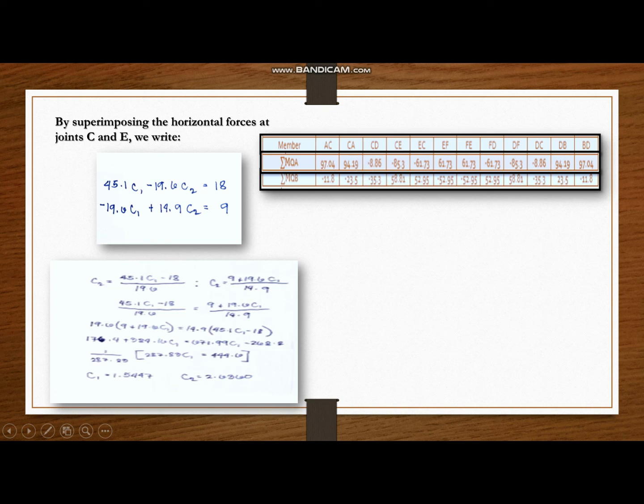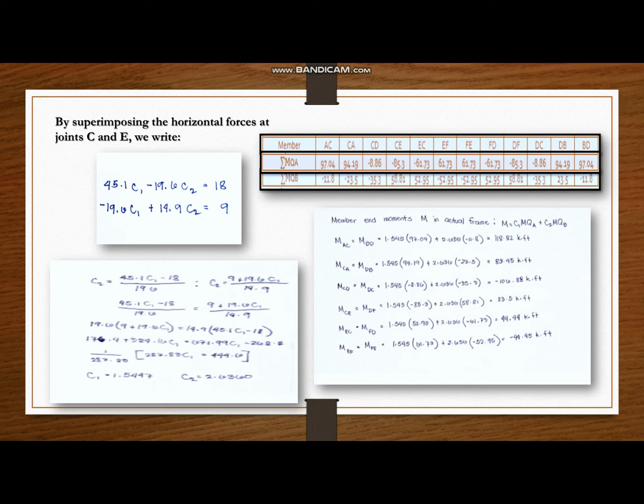nilagay na lang natin lahat ng mga answers natin sa mga previous natin na table ng figure 1 and figure 2. So, here, the member end moment M in the actual frame is equal to our formula: moment equals C1 MQA plus C2 MQP.